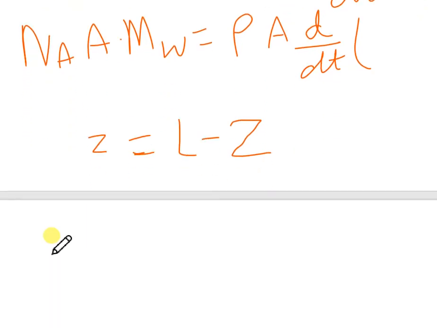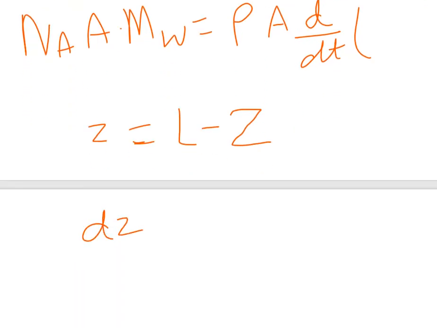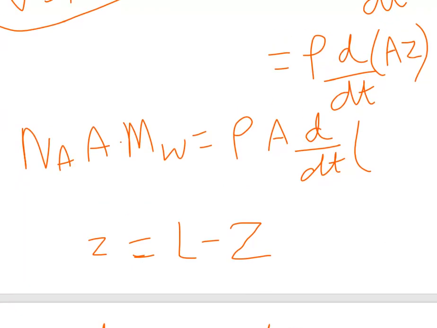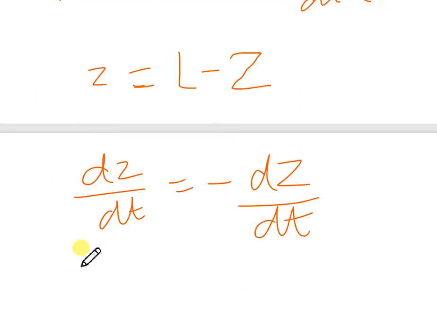Okay, so dz over dt, L is constant, the total length is constant, basically gives you minus dz over dt. So this is L minus z, and we have minus here. Okay, so that becomes dz over dt.